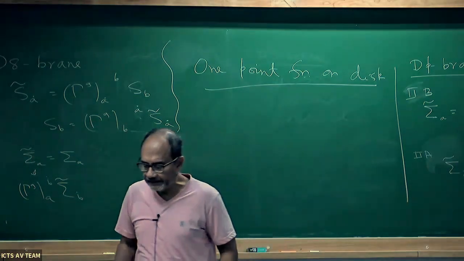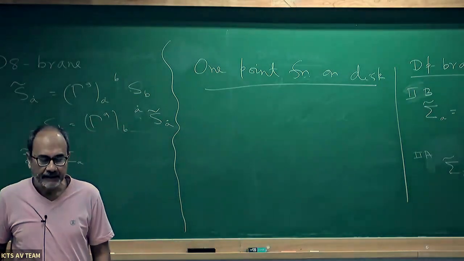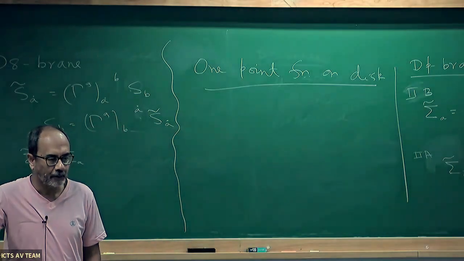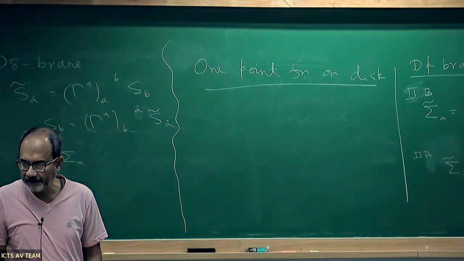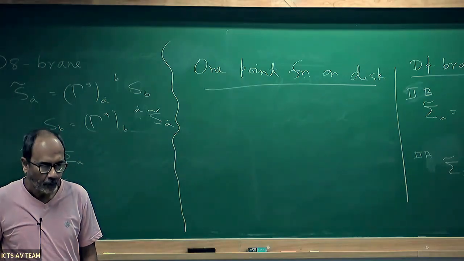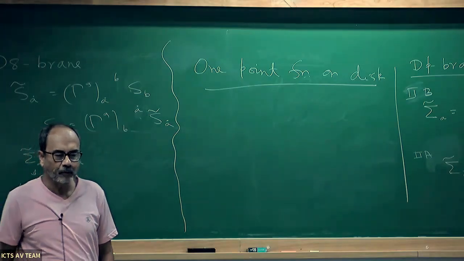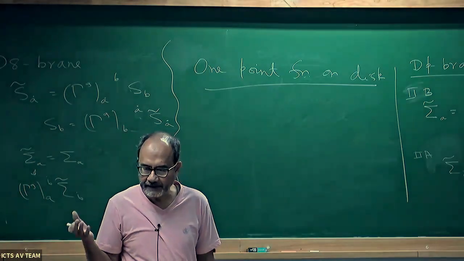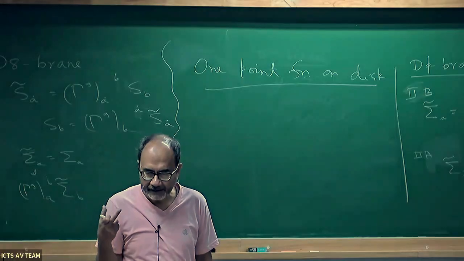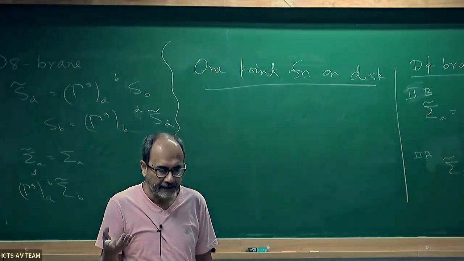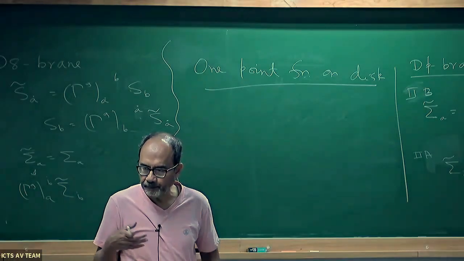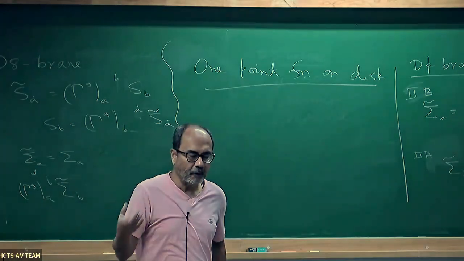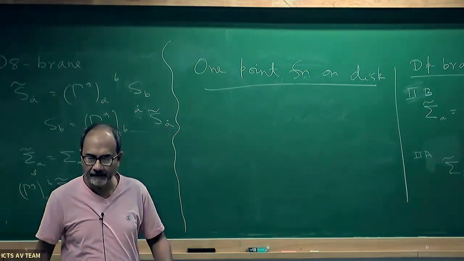In any case, the one-point function on the sphere doesn't know about the presence of D-branes. Irrespective of whether it vanishes or not, it will have no relation to whether there are D-branes present, because D-branes only affect the boundary condition. Unless you have a Riemann surface with boundary, you don't know that there is a D-brane. There may be a one-point function on a higher genus surface which doesn't vanish.